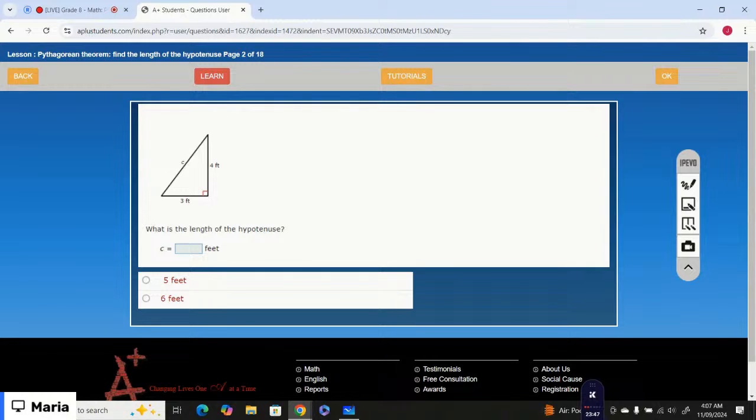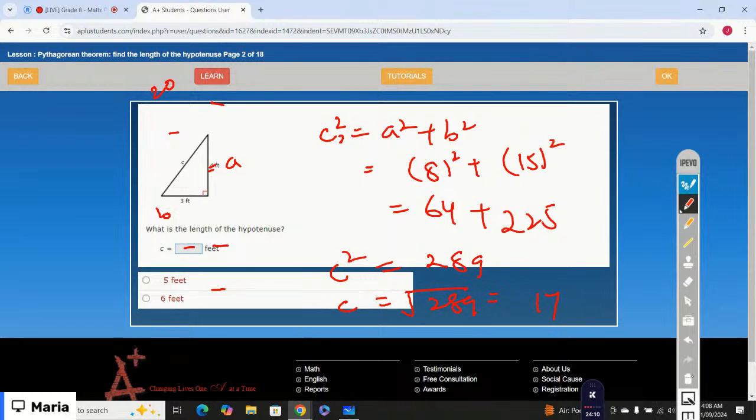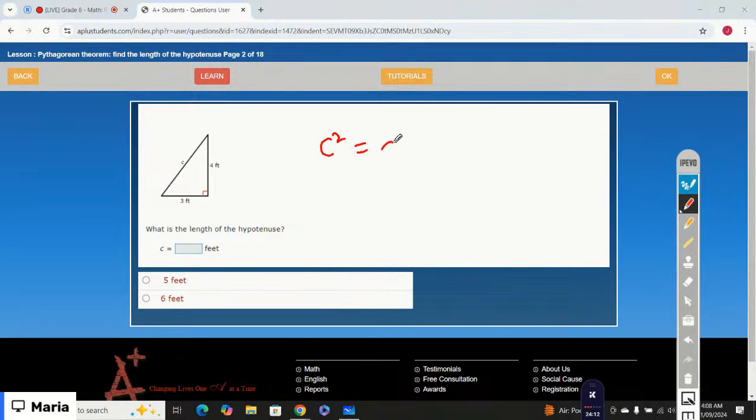What is the length of the hypotenuse? So let's just calculate the value, right? C square equals A square plus B square.